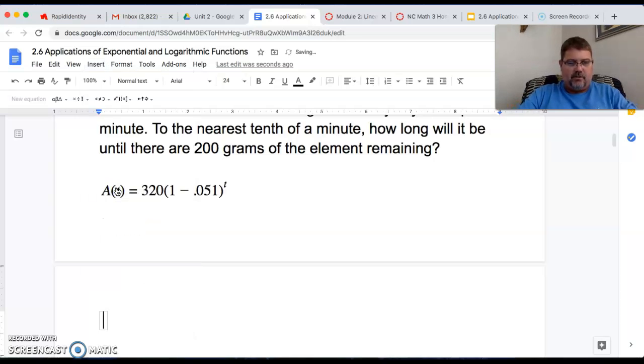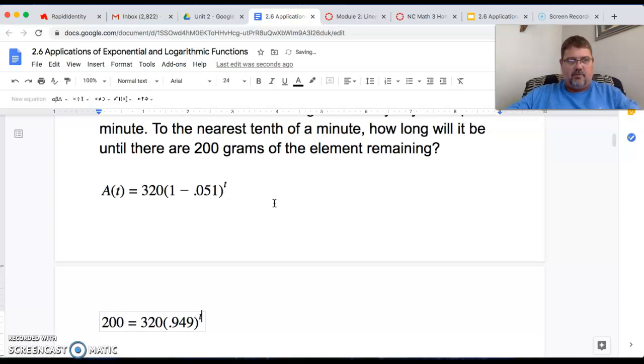So we would have 200 equals 320 times 1 minus 0.051. When you subtract those two numbers to make it a little simpler, you get 0.949. And that's going to be raised to the t, and we're going to solve this for t.